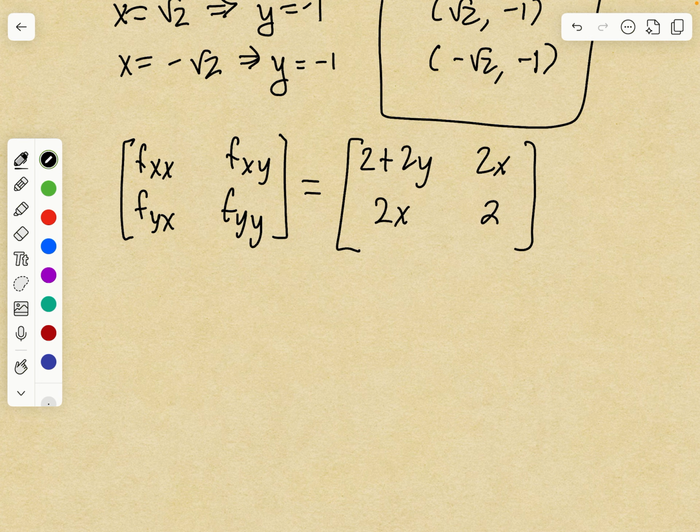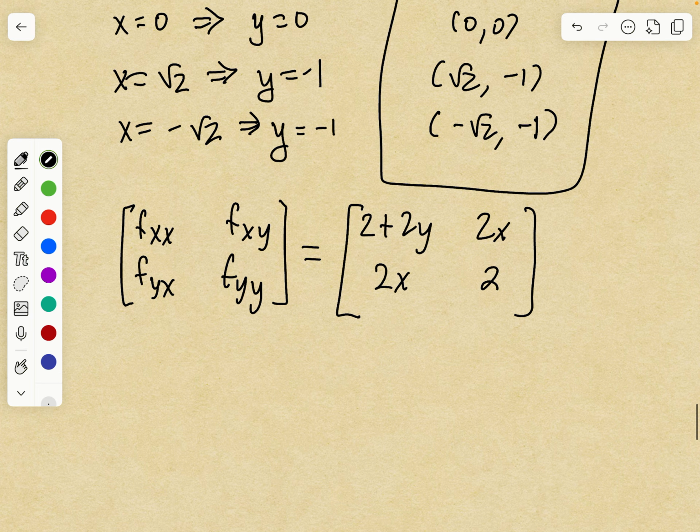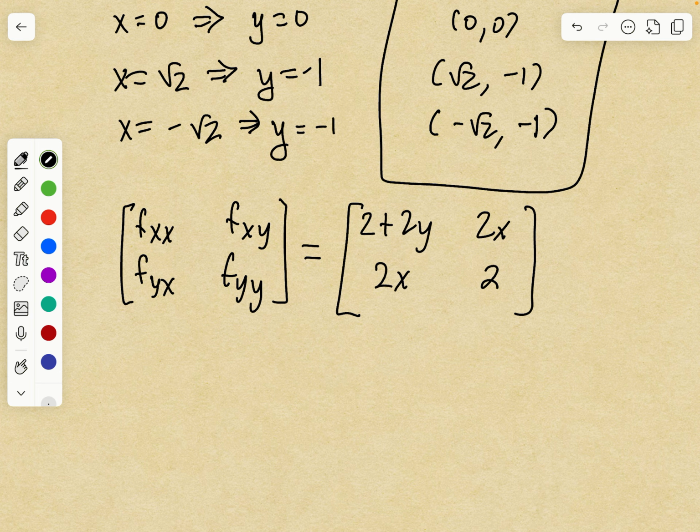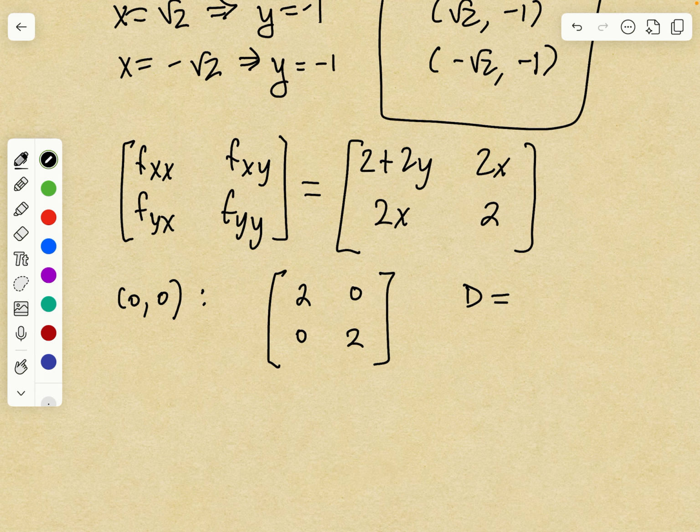And now I just need to plug my 3 critical points in here. So for (0, 0), I get the matrix 2, 0, 0, 2. Now what do I do when I calculate D, my determinant? That's 2 times 2 minus 0 times 0, which is 4. That's positive.